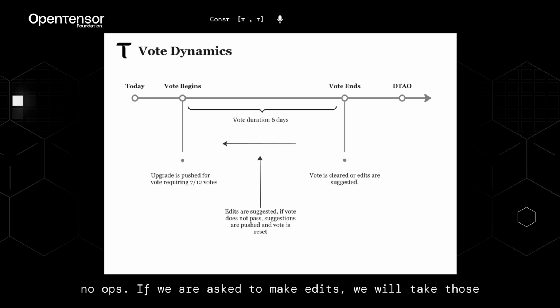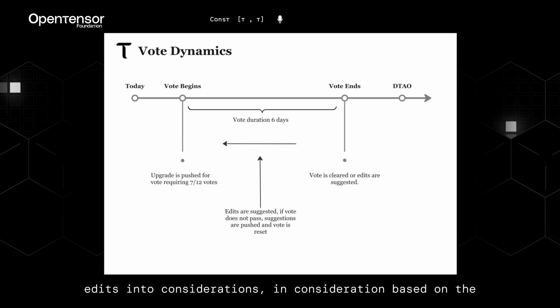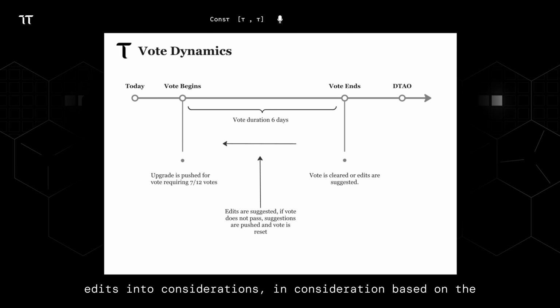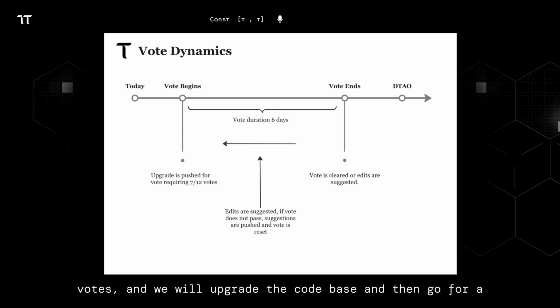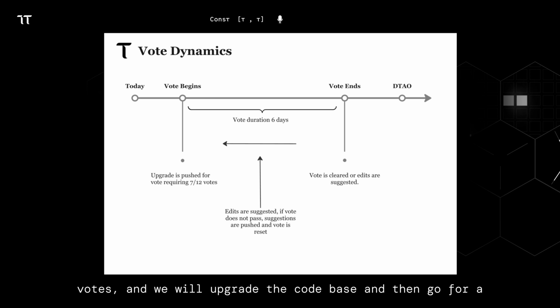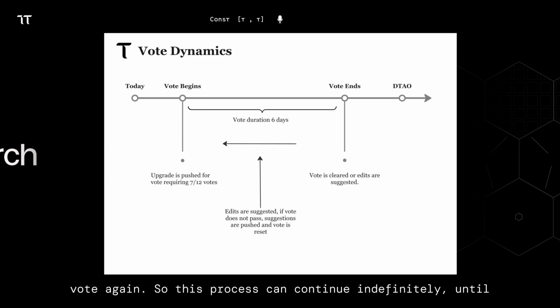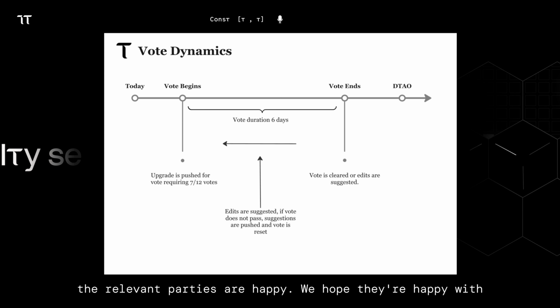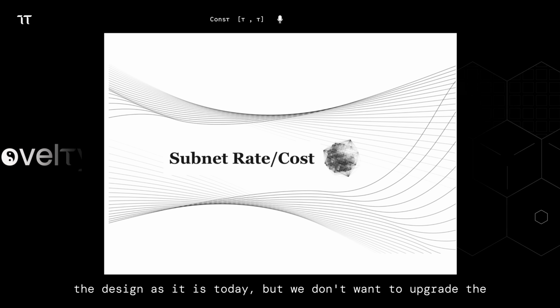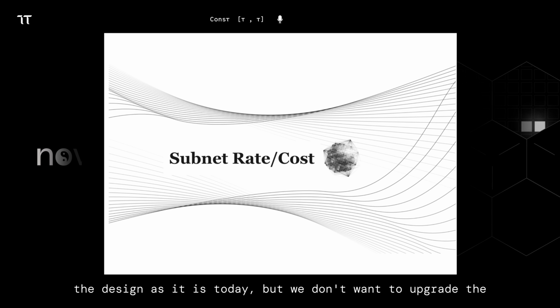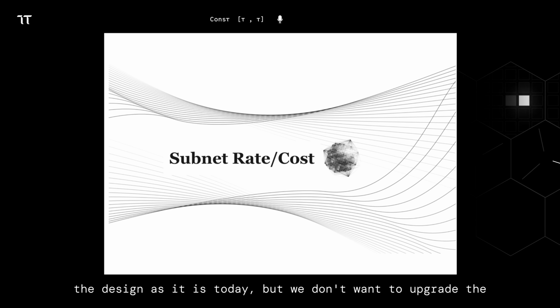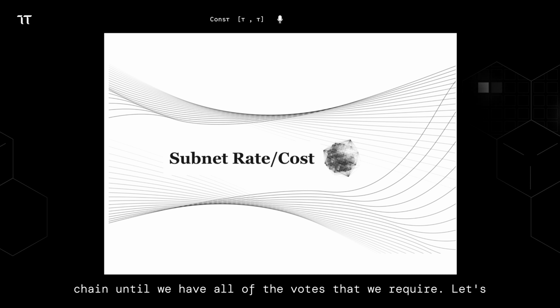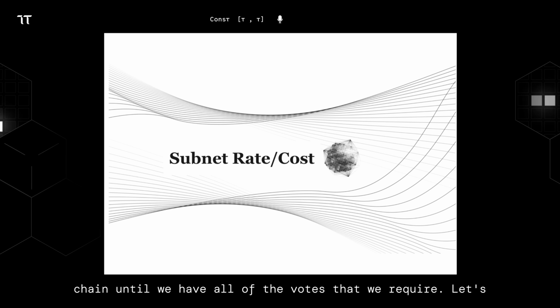If we are asked to make edits, we will take those edits into consideration based on the votes, and we will upgrade the code base and then go for a vote again. So this process can continue indefinitely until the relevant parties are happy. We hope they're happy with the design as it is today, but we don't want to upgrade the chain until we have all of the votes that we require.